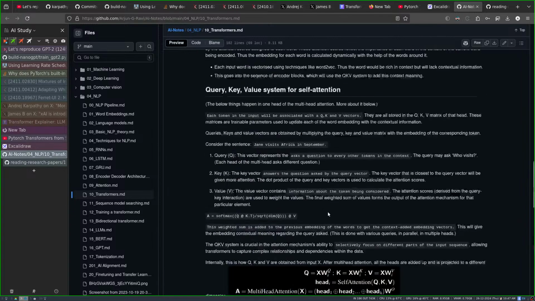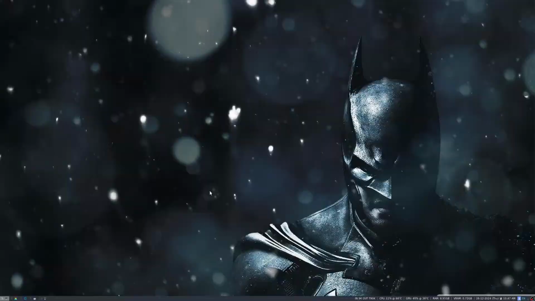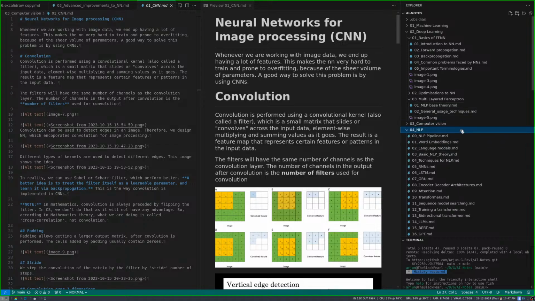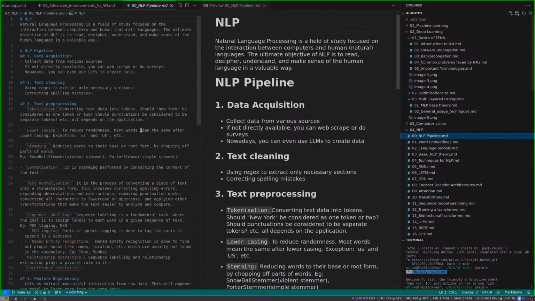So this is in my AI notes, right? I think I'd like to read that. NLP, attention. Yeah, we'll just read through this very fast.